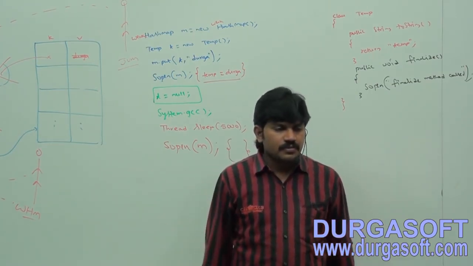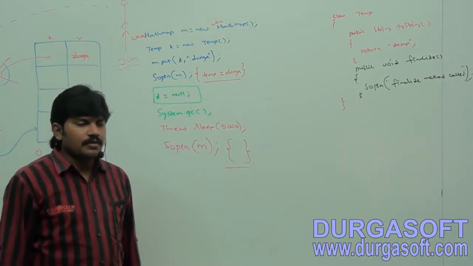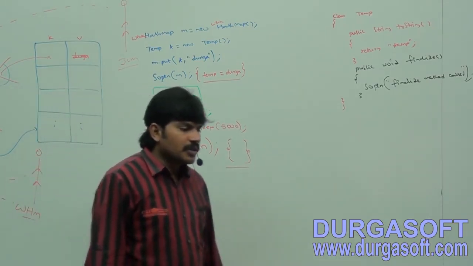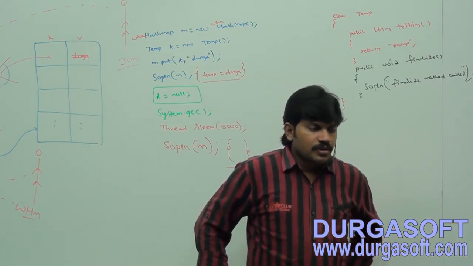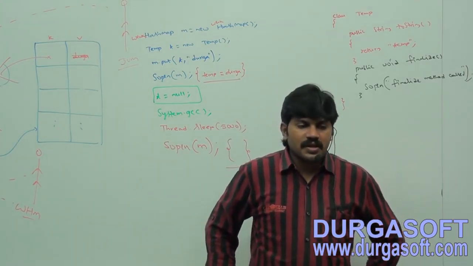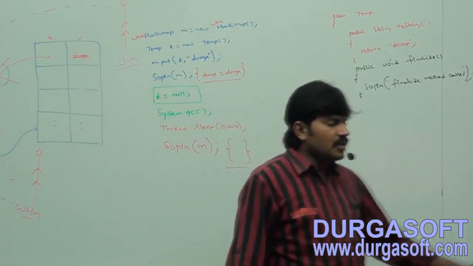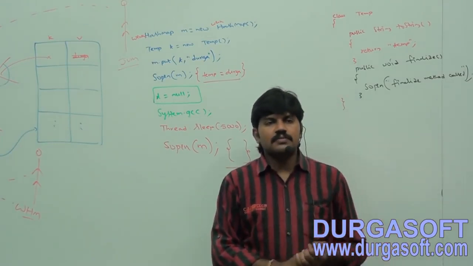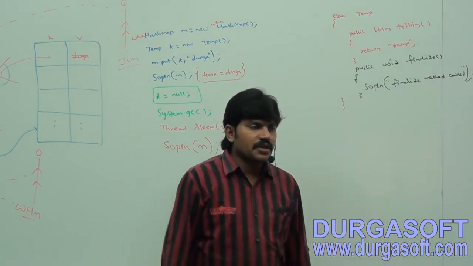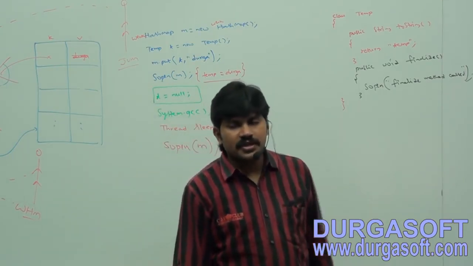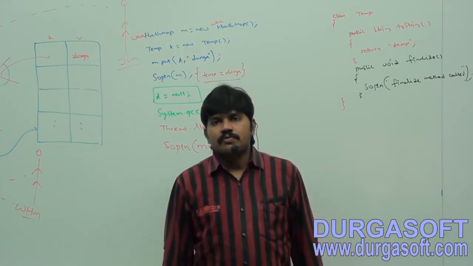But in the case of WeakHashMap, if the object doesn't contain any references, it is eligible for GC, even though the object is associated with a weak hash map.